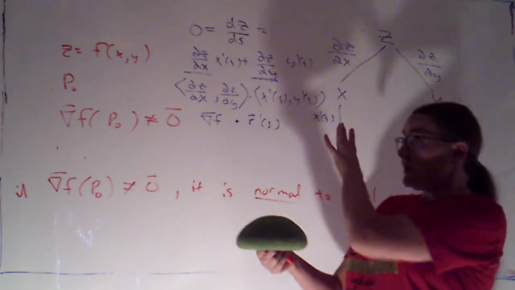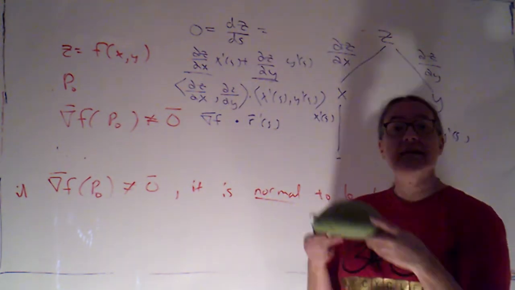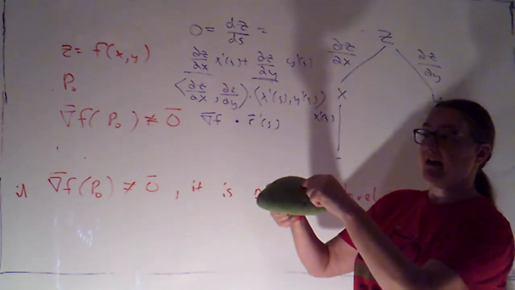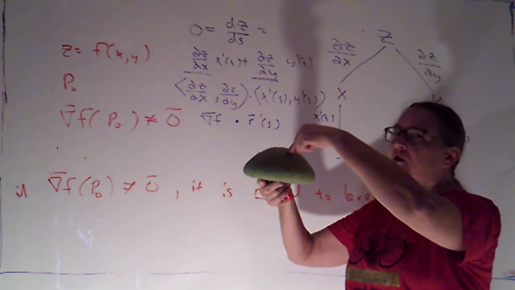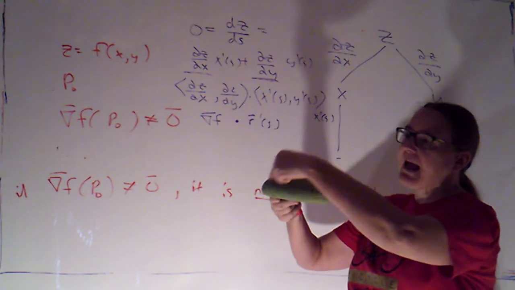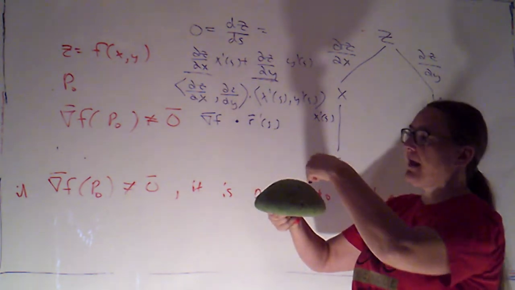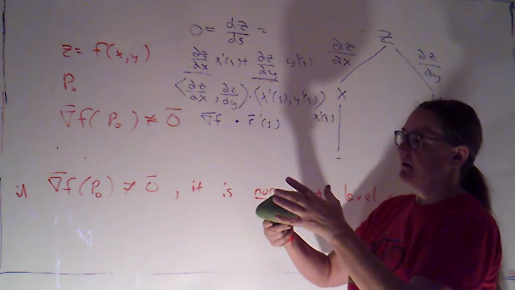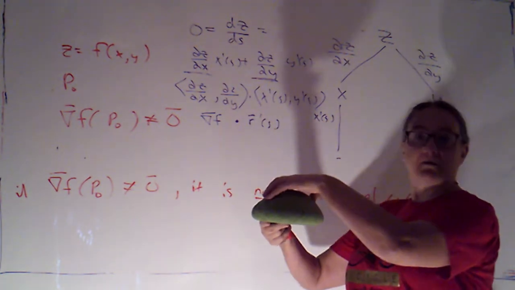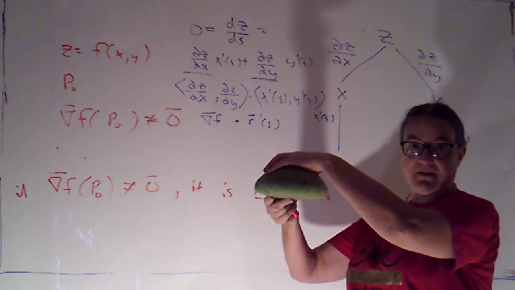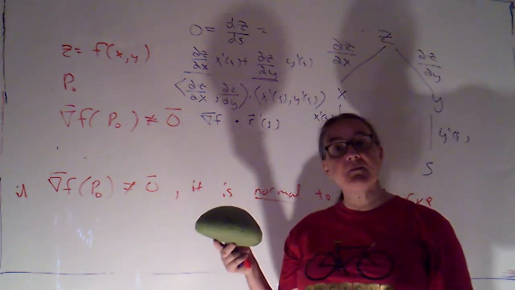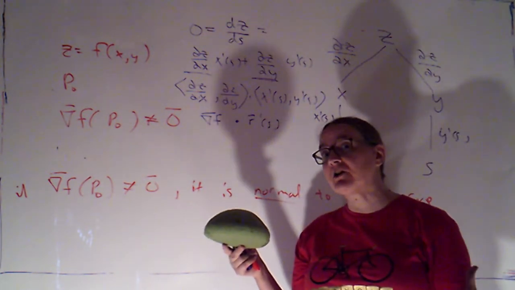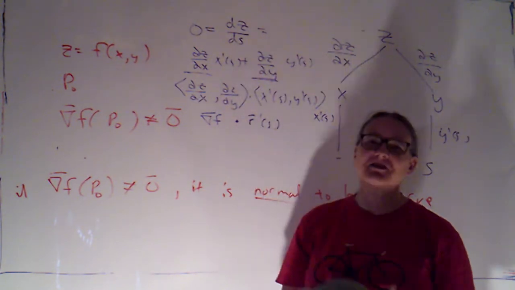But we could modify this argument quite easily to say that the gradient of f at this point would be normal to every single curve that passed through this point, yes. And this would be a level surface that I had for my function.